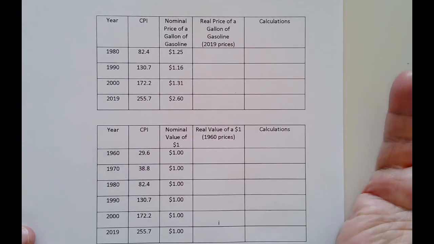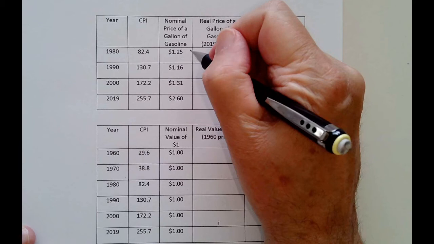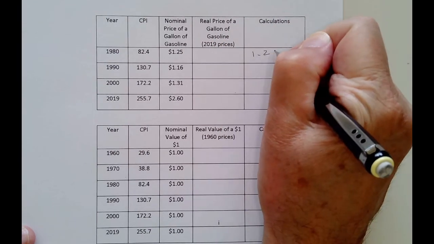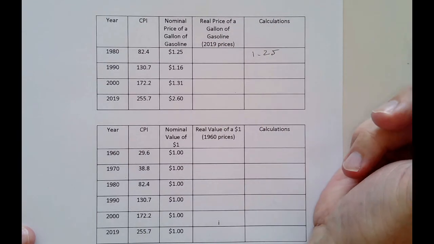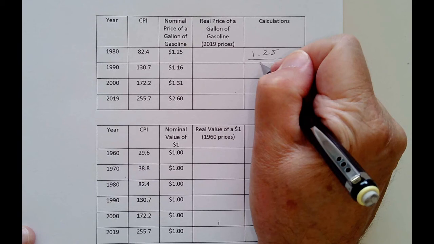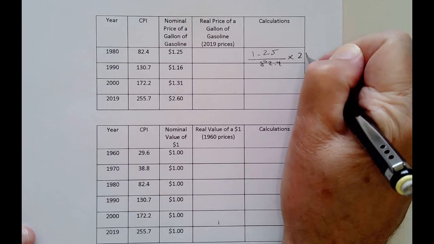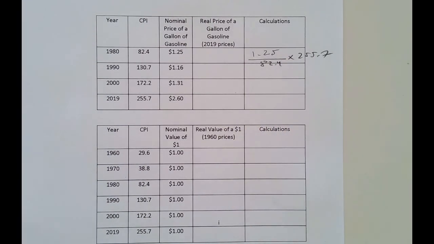And so we take the $1.25, and I got these nominal prices from the Bureau of Labor Statistics. You take $1.25, divide it by CPI, which is 82.4, and then times by 255.7.